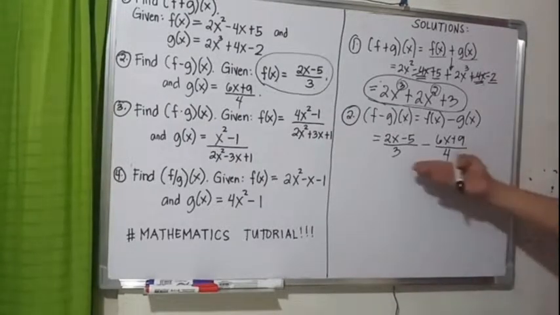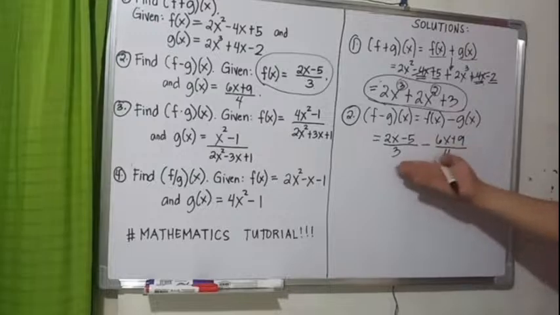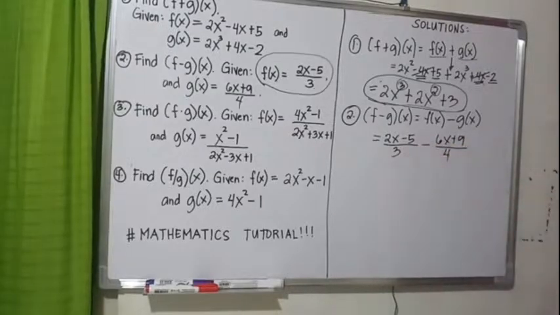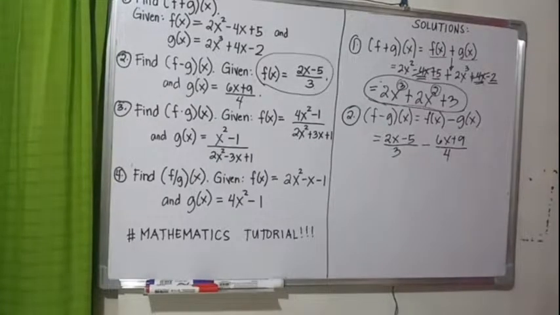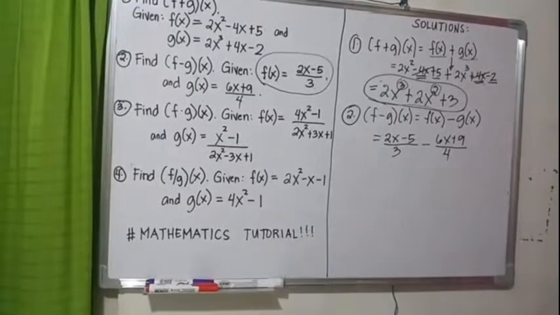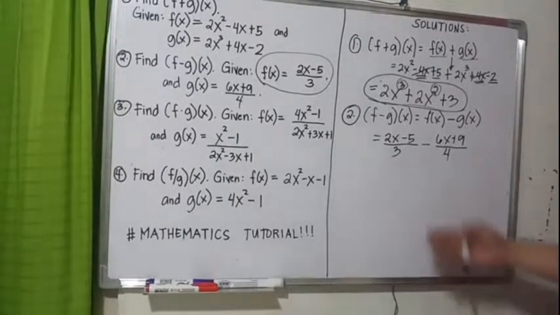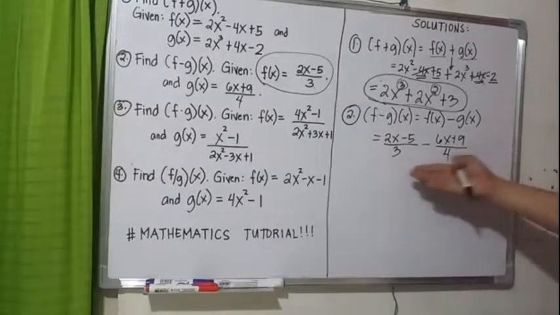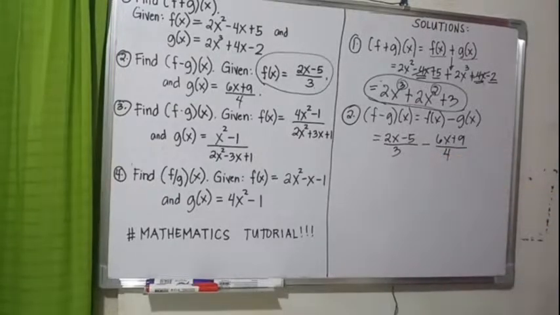Okay, how to find the difference out of this given functions? Okay, so shout out muna tayo kay si Tioy Randy, mayang gabi. So based on this given functions, how to find the difference.